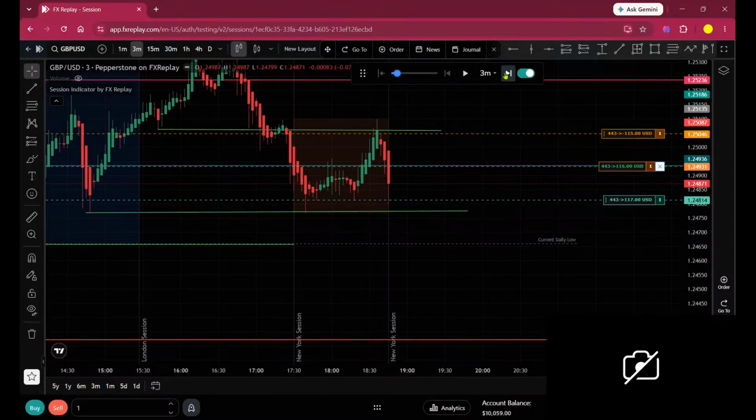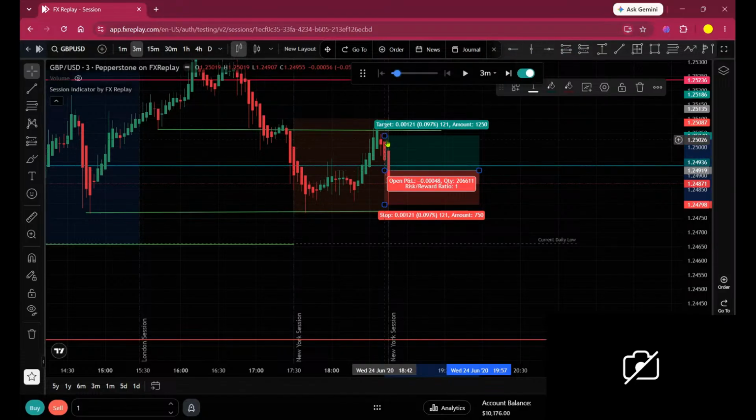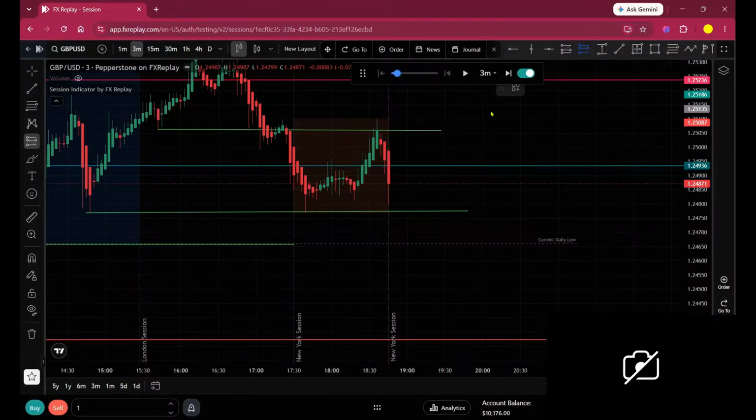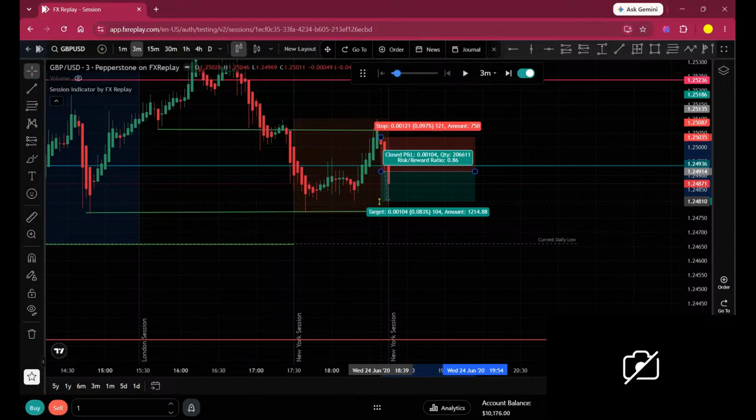Let's see. Market gave you a good response. See, market is in your favor. And here, if you see, market can give you a 1:2 target as well. We took the trade here, right?